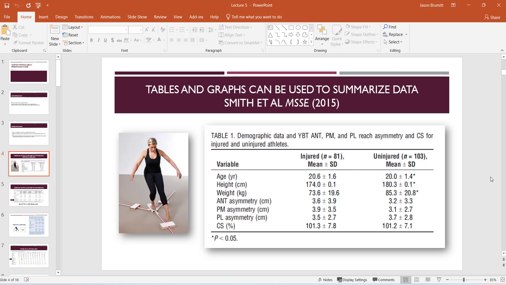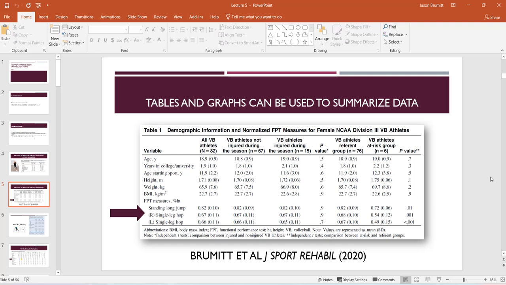So the descriptive data here, or this demographic data. And what's interesting is only age and anthropometric measurements were significantly different. The asymmetry scores weren't significantly different. So that was kind of an interesting finding there, even though they did go on to report that with asymmetry, there was a greater risk.